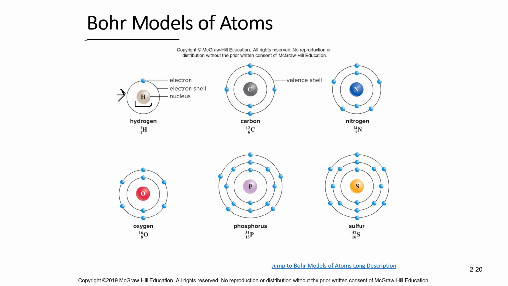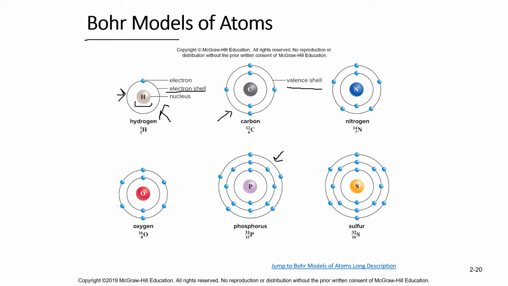Remember I said the electrons surround the nucleus, they orbit the nucleus. Each orbit is somewhat predictable, and each orbit is called an electron shell. The outermost shell, so this one for hydrogen, that second one for carbon, the third one for phosphorus, whichever one is the outermost shell, is known as the valence shell.